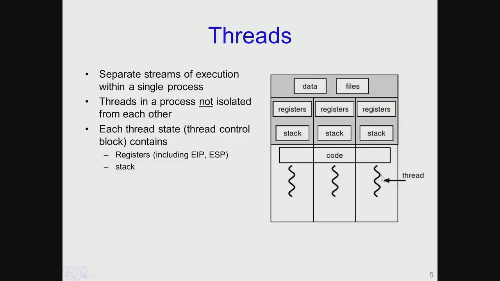These execution contexts all share the same code and have access to the same global data and heap of the process, and also they will have access to the same files which are opened by the process. What distinguishes one thread from the other is that each thread has its own stack, which it uses for local variables and for function calls.